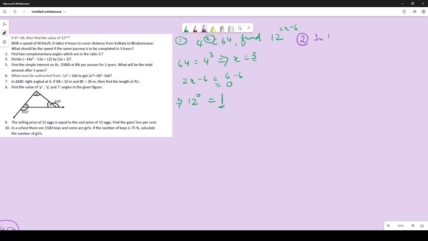In 1 hour, distance traveled is equal to 90 kilometers, right? So in 4 hours, the distance traveled will be 360 kilometers, right? 90 into 4, direct variation. So what should be the speed if the same journey is to be completed in 3 hours?